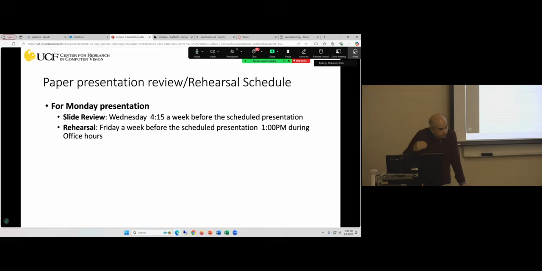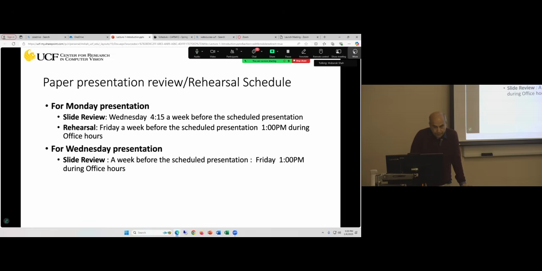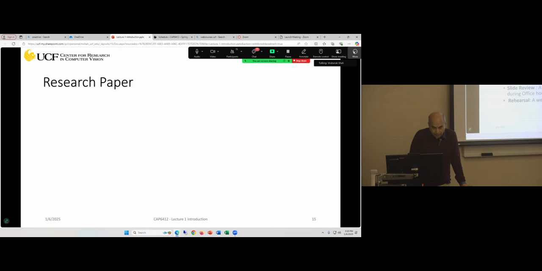Then the rehearsal will be on Friday, a week before, and then you'll come present on Monday. For Wednesday, similarly, the slide review is on the Friday a week before, then rehearsal on Monday of that same week, and presentation on Wednesday. So it's all a structure. I've done this many, many years, so we have really improved the process.